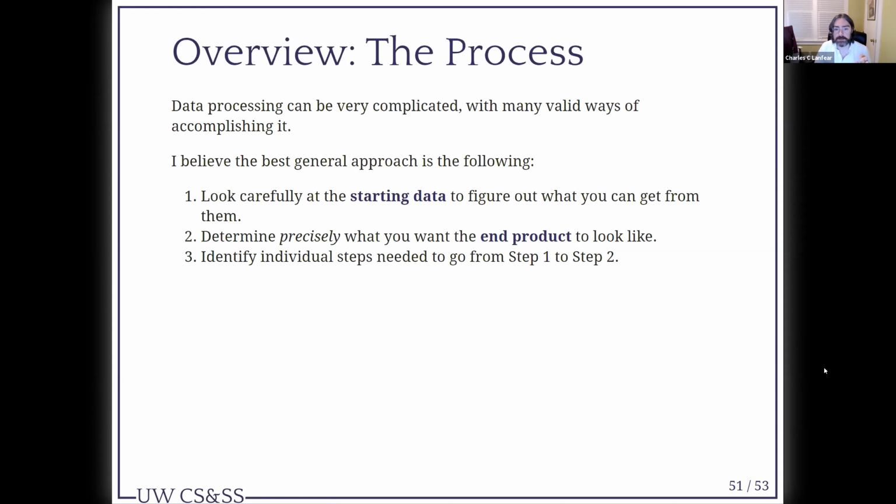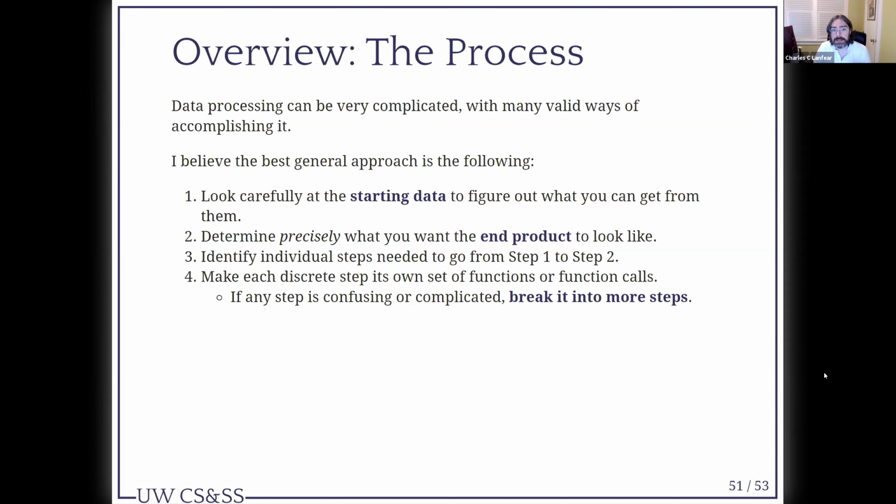It might take lots of steps. Make every discrete step, every step to go from 1 to 2, its own set of functions or function calls. If at any point a step is too confusing to understand by looking at it, or too complicated, or has a lot of code, break it into more steps. More steps are your friend. Don't do more things in one step than you are comfortable doing, because that's how you make mistakes.